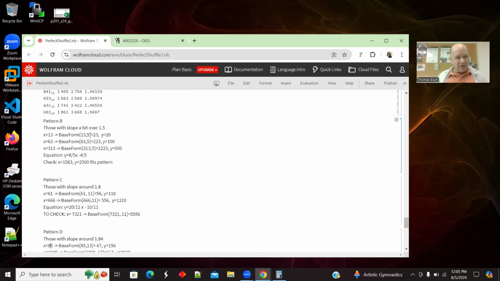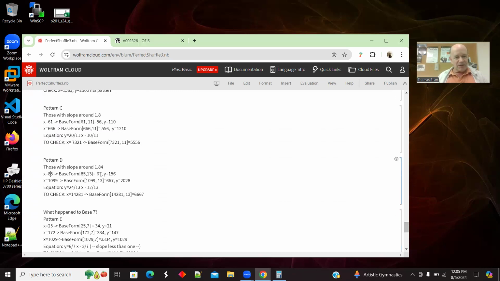In base 5 it was 2-3-2-2-3, and in base 11 it was 5-6-5-5-6. So in base 13 it was 6-7 6-6-7. So you start to see a pattern among the patterns, and you get good at making a guess.